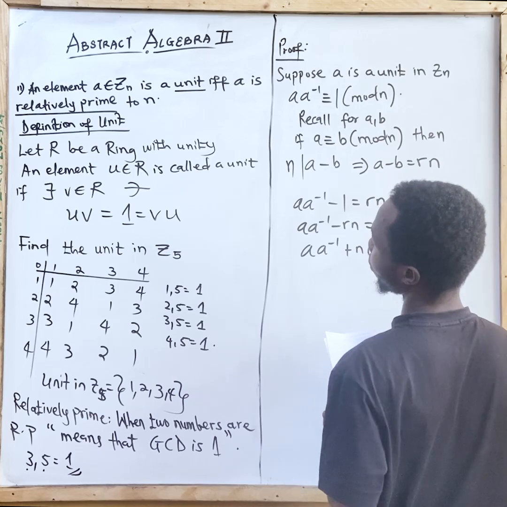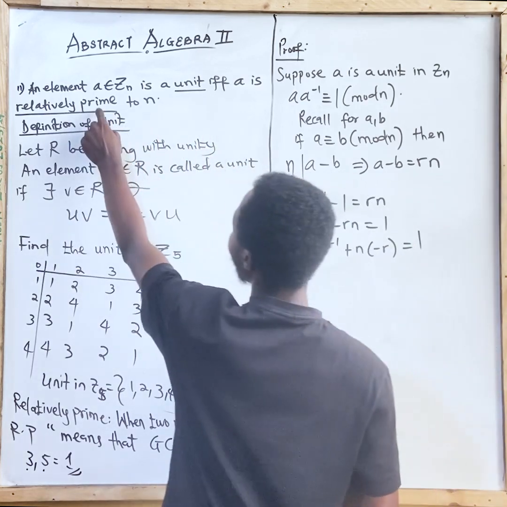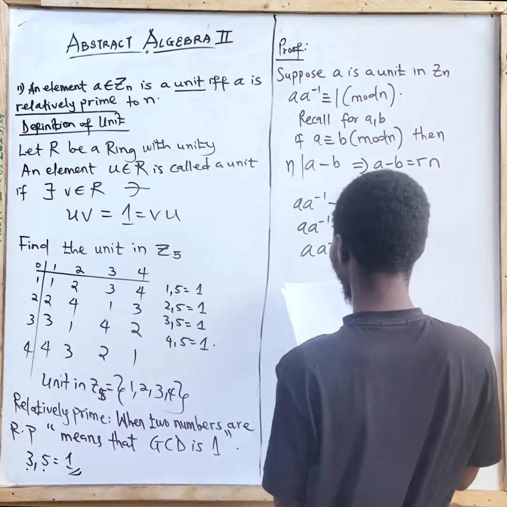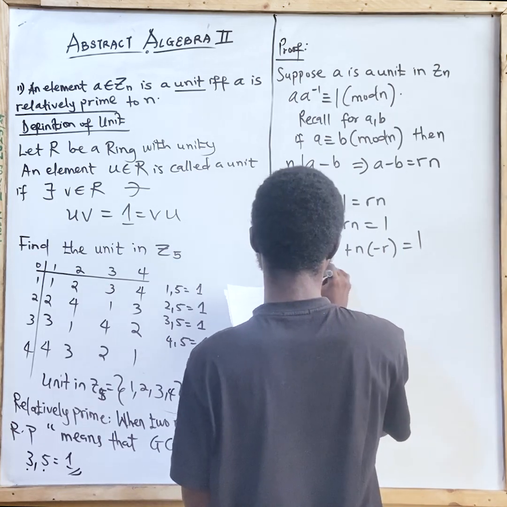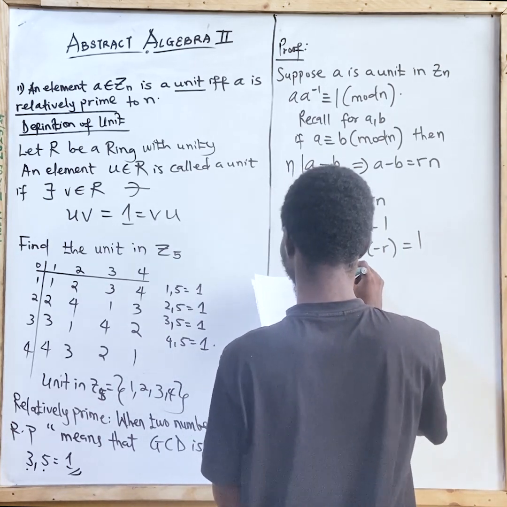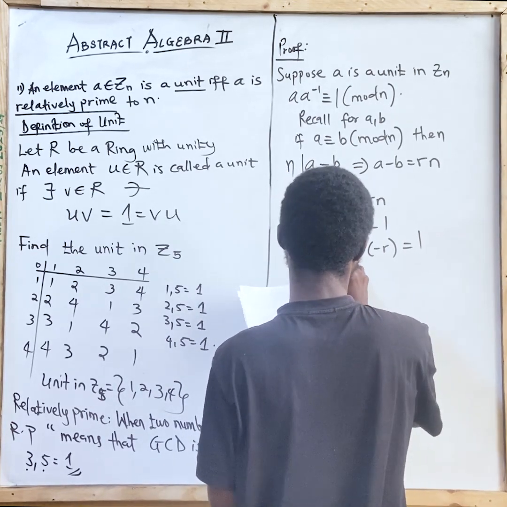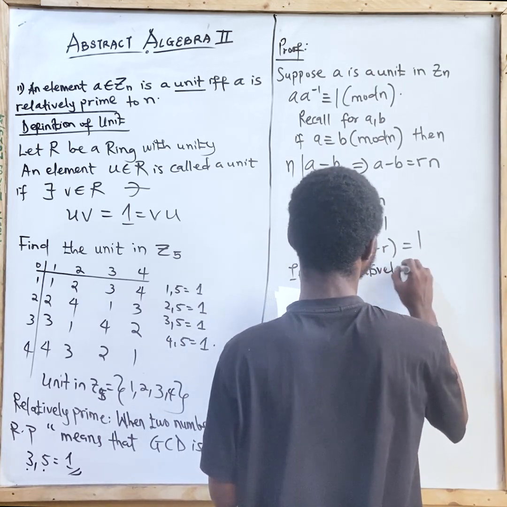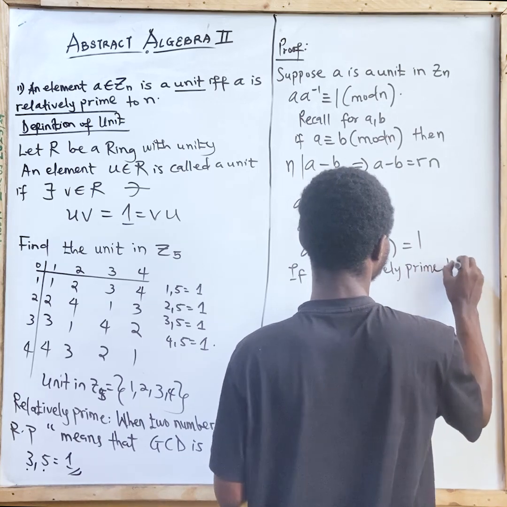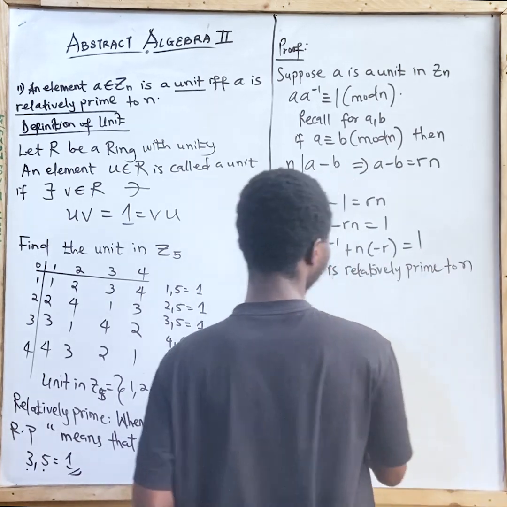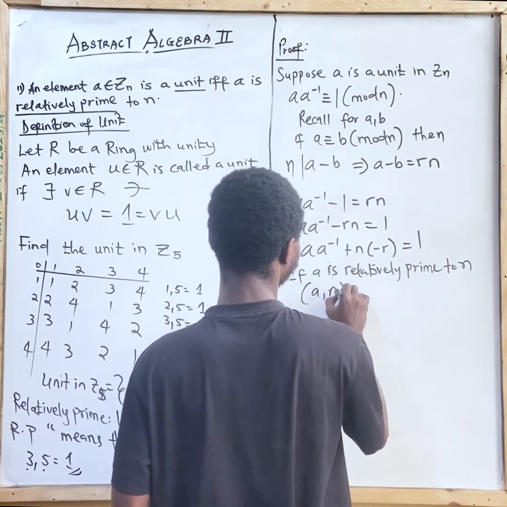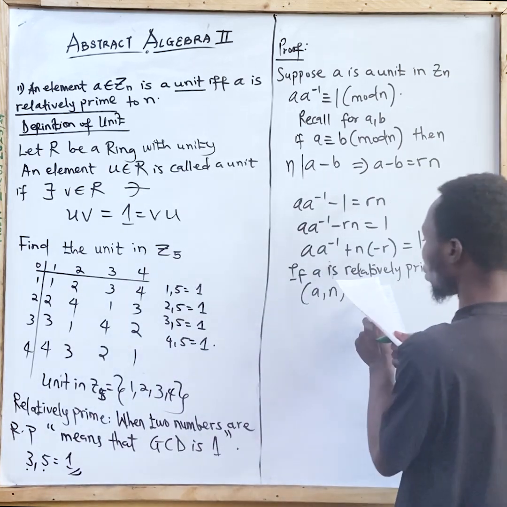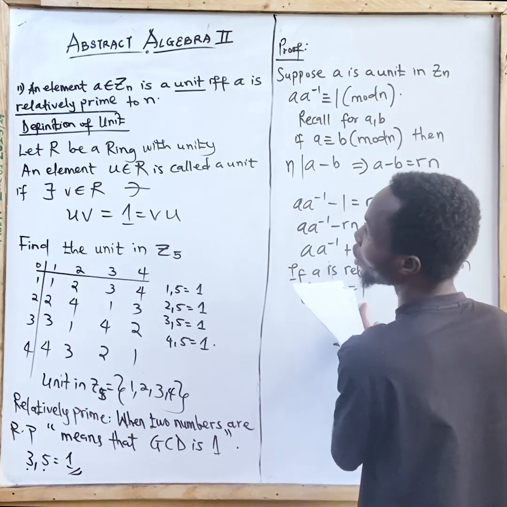Now, if A is relatively prime to N, what this means is that A and N have their greatest common divisor between them as 1.